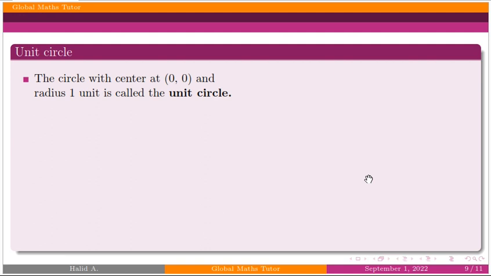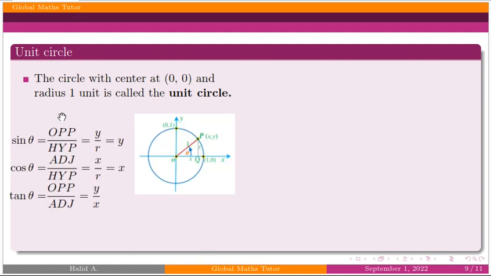Okay, now let's find the trig values of some angles. For that, let's first define what a unit circle is. A unit circle is a circle which has its center at the origin and a radius of 1.